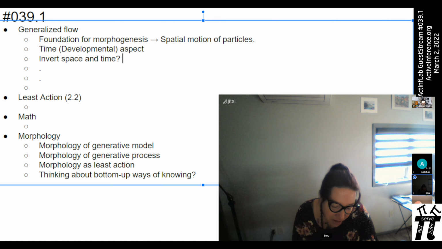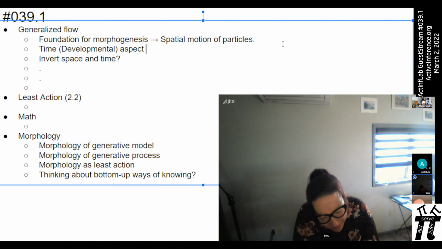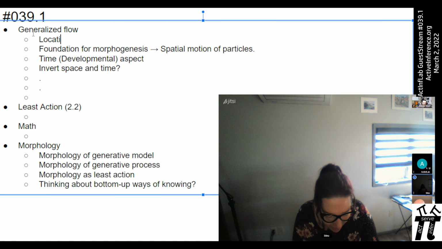And another question that I had: in the generalized flow, we talked about the equations of motion, coordinates of motion, and the derivatives. Something that I saw in the paper, specifically at equation 15, that I've not seen before is p with a dot.